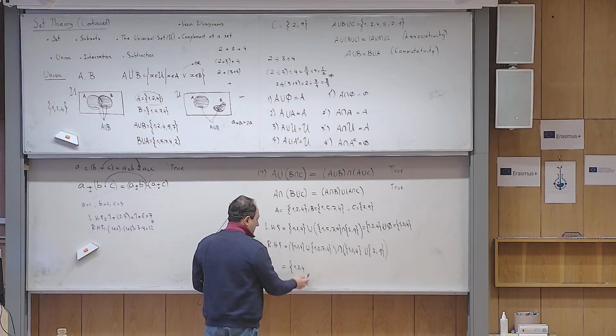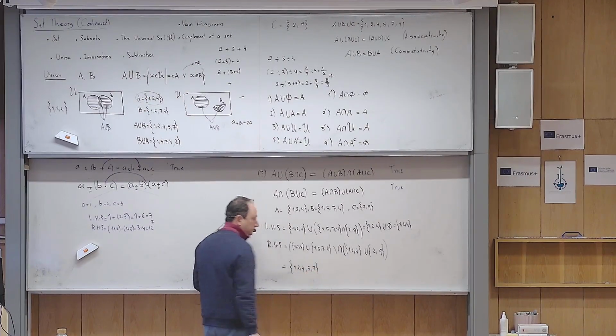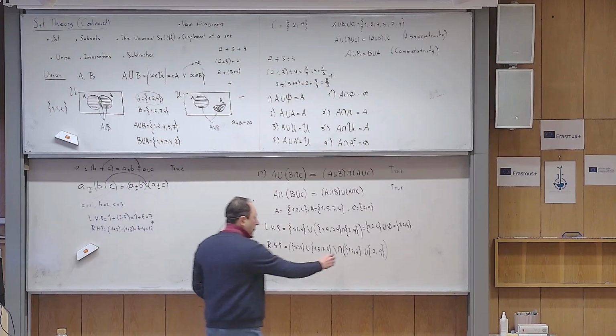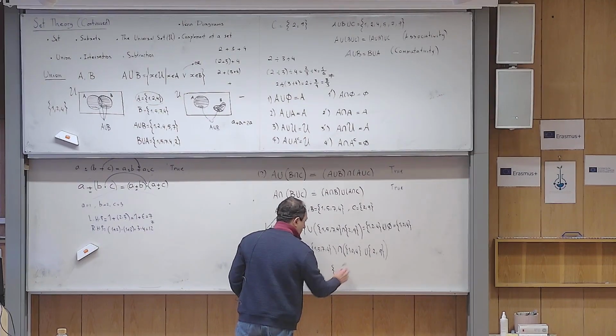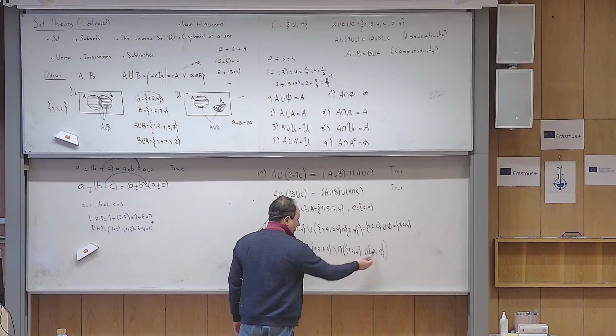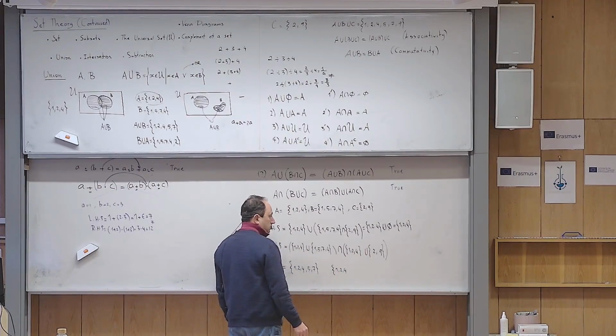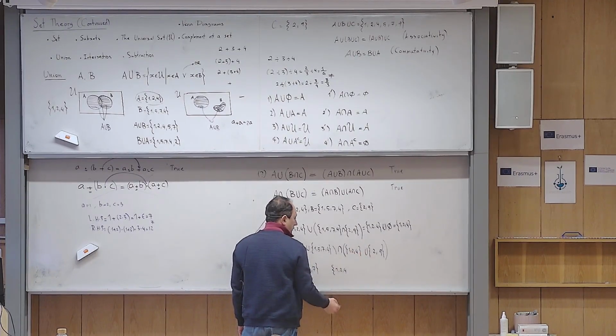I don't need to think, but now when I want to add, I have to think. 1 is already here, 5 I add, 7 I add, and then close. Yes? And then I will also have to do this one first. I union them. So I just write 1, 2, and 4, and then I start appending these elements if I haven't done that already. So 2 is already there, so I have to append only 9.